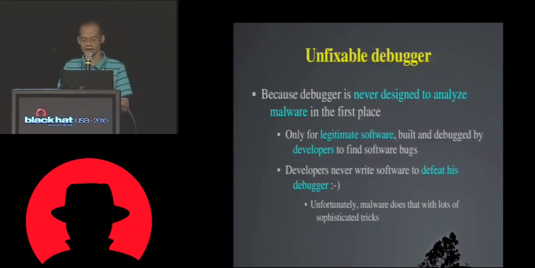And of course, developers never write software to defeat their own debugger. I think people just happen to use the debugger to analyze malware because they know how a debugger works, and the debugger can be used to change the execution of the malware. But the debugger is never built to analyze malware, and that's why you have so many problems, and all of them cannot be fixed.